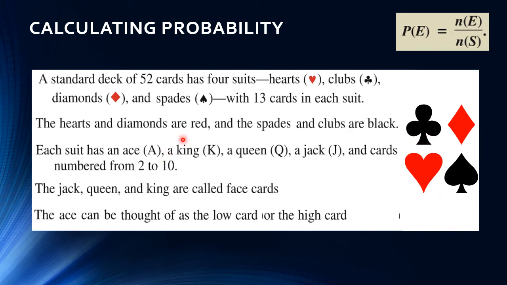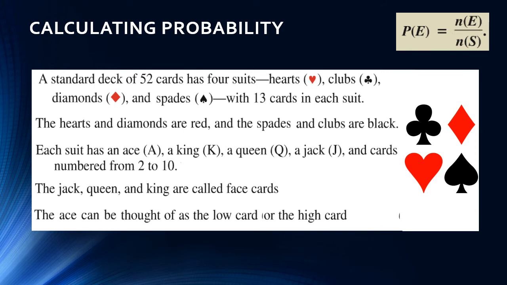Each suit has an ace, a king, a queen, a jack, and cards numbered from 2 to 10. The jack, queen, and king are called face cards. And the ace can be thought of as either a low card, a number 1, or a high card, higher than all the kings.